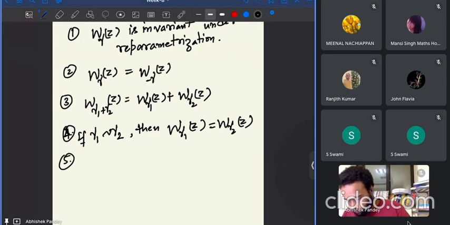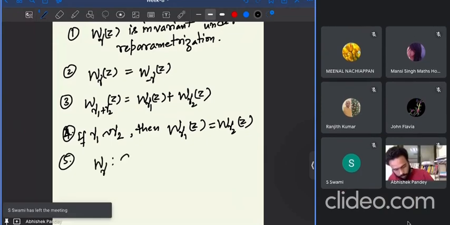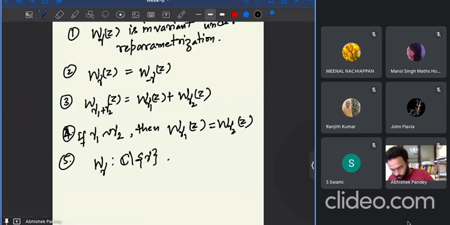W gamma from C minus gamma to the complex numbers.